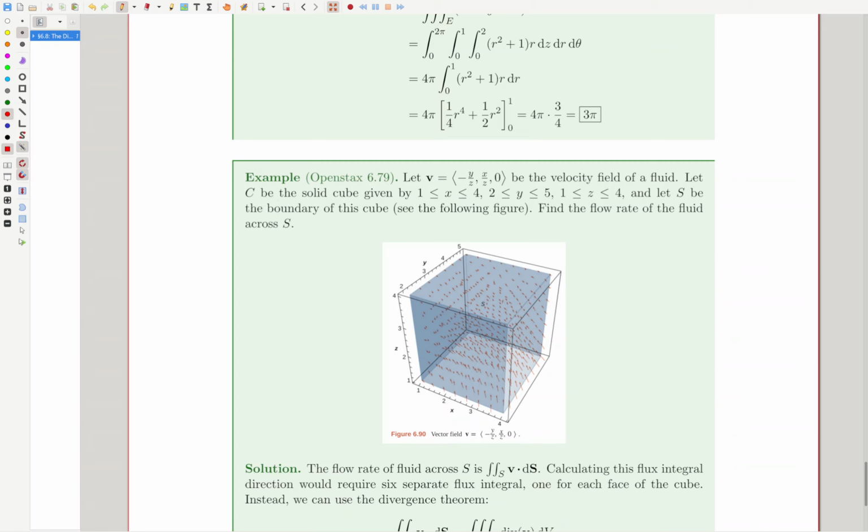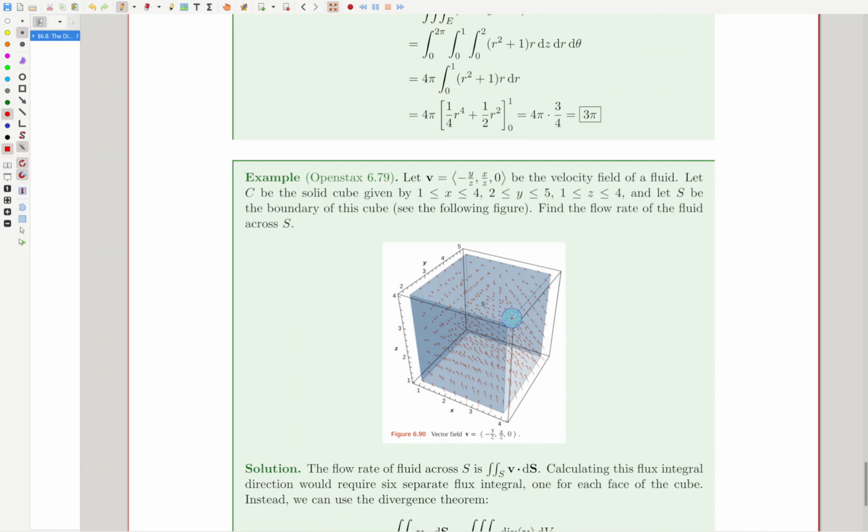That is unfortunate naming, because it is kind of the other way around from how we're used to thinking about it. For some reason, the book has decided to use C for the cube and S for the boundary, which I guess makes some sense because we've been using S for surface. The problem is that we've been using C for other reasons. So it's not ideal that the book does this.